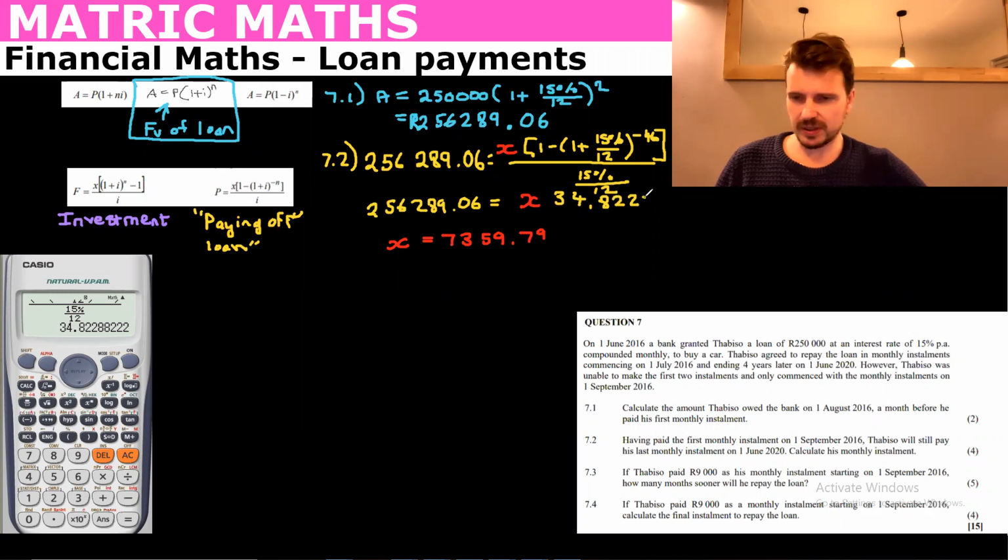Let's stop there, we'll make it 9, round that 8 up. And then what you could just do is say 256,289.0625 divided by 34.8229.